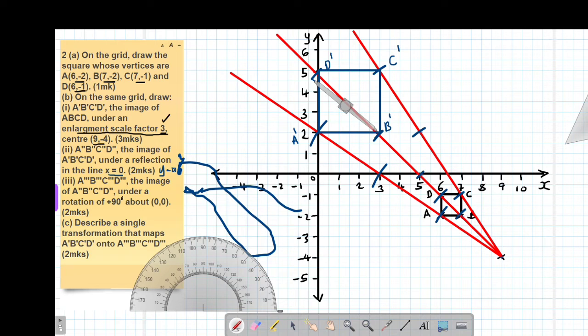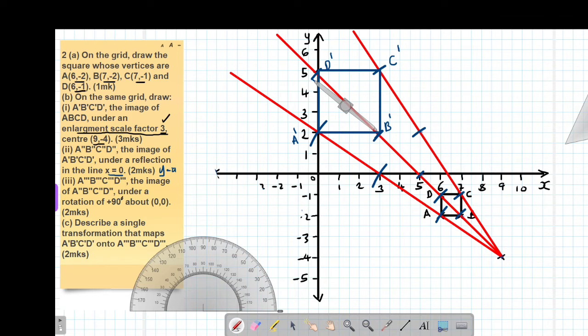So I'm simply going to take, let me just rub these points that have been made here. So we need to reflect this through the y-axis because that is the line x equals 0. So let me label this particular line.